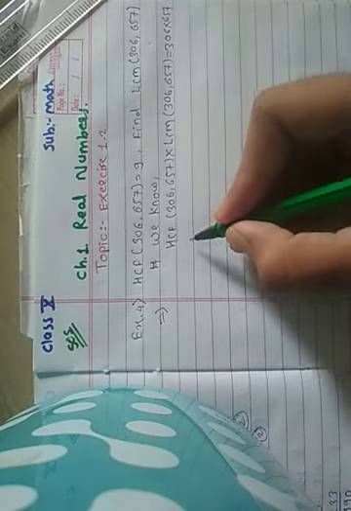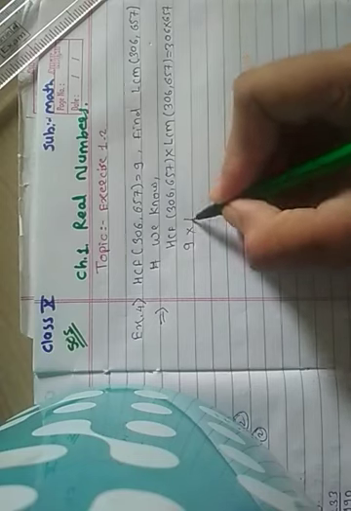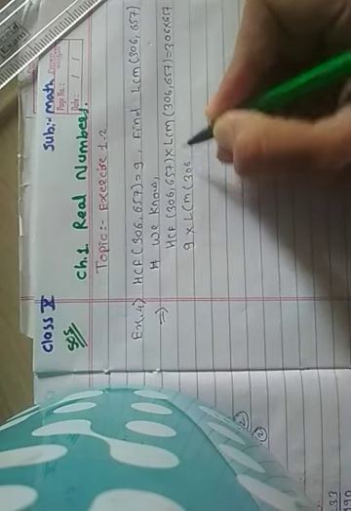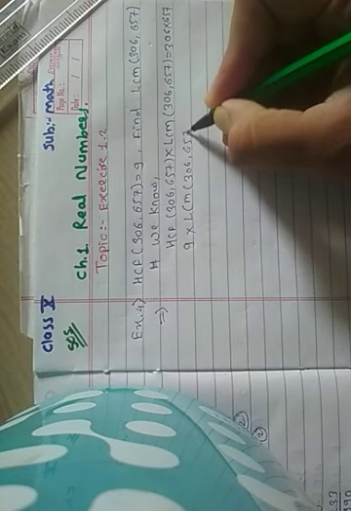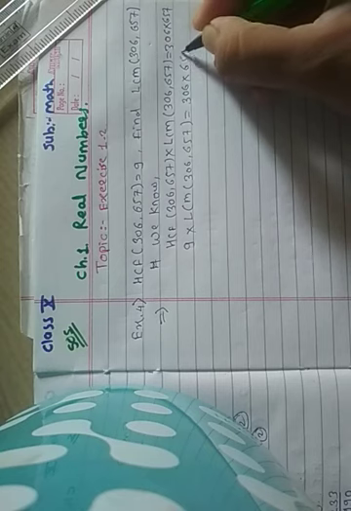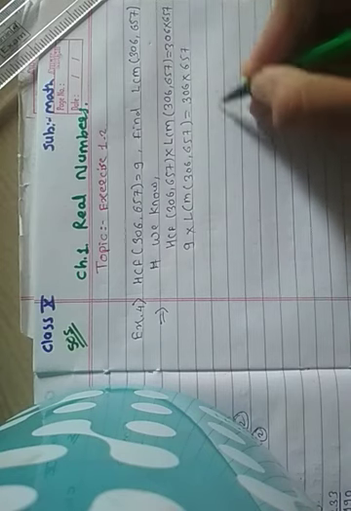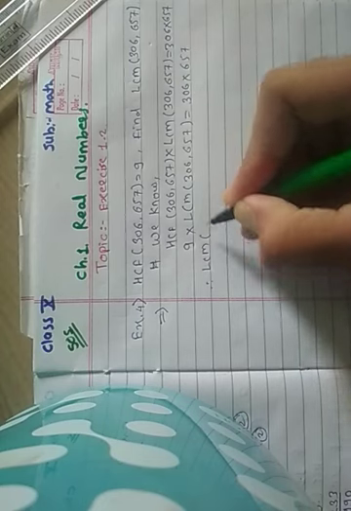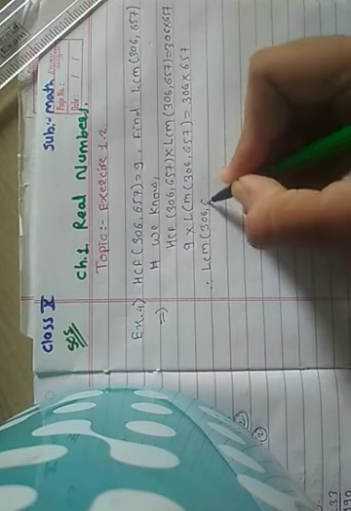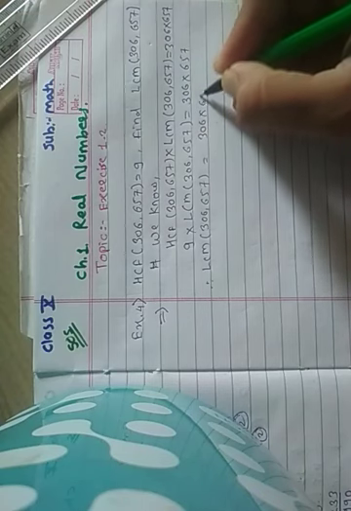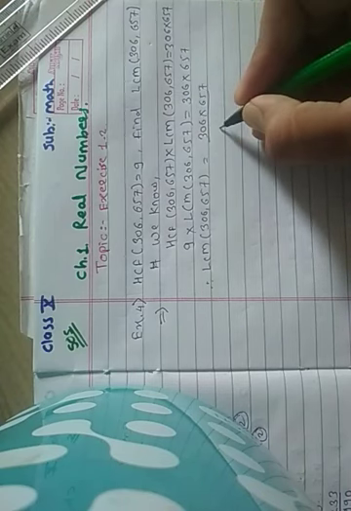So HCF is given, that is 9, into LCM we have to find out, which is equal to 306 into 657. So this 9 goes to that side in the denominator. Therefore LCM of 306 and 657 is equal to 306 into 657 upon 9.